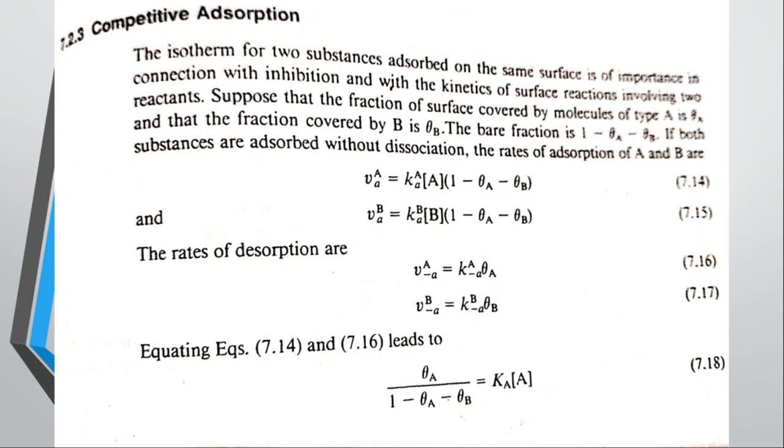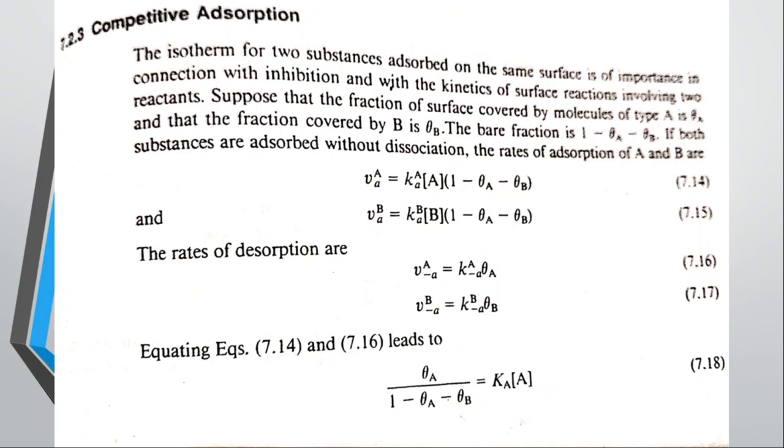Theta A is the fraction of the surface covered by molecule A, and the fraction covered by molecules B is written as theta B. The fraction available for adsorption is given as 1 minus theta A minus theta B.